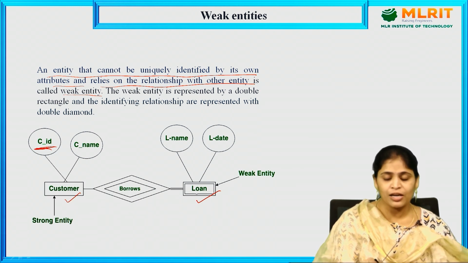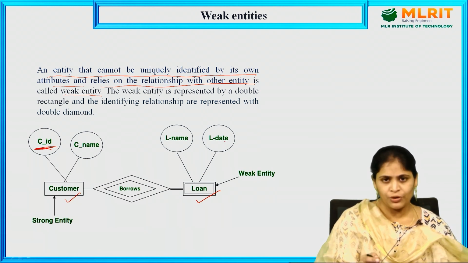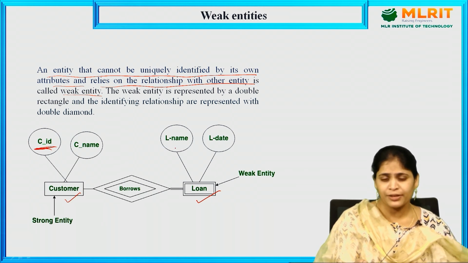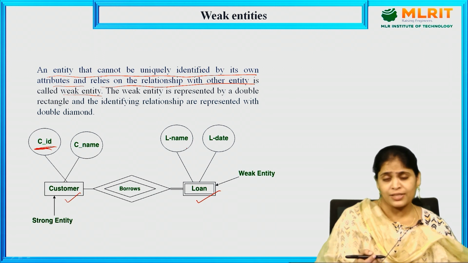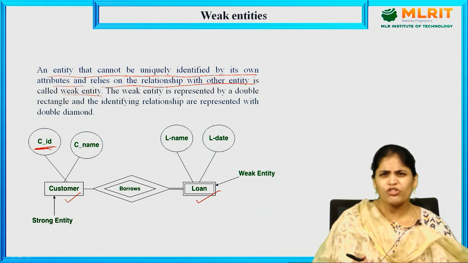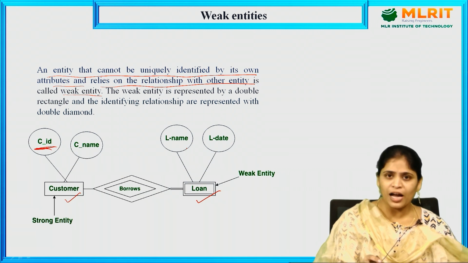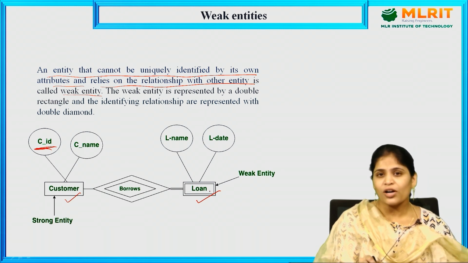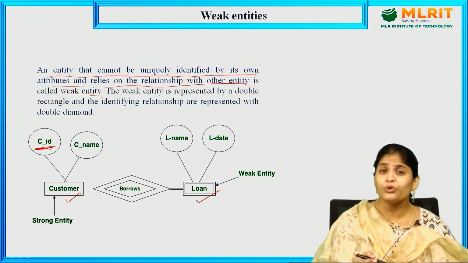Let us consider loan: loan name, loan date. Loan name can be duplicate. The same loan can be taken by many persons on the same date, right? So we can't uniquely identify this entity. That is the reason this entity is called a weak entity, because it doesn't have any primary key to uniquely identify it.